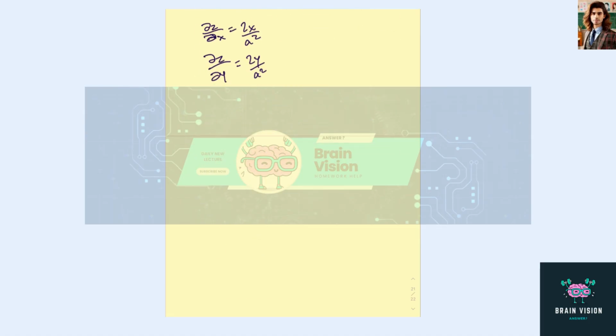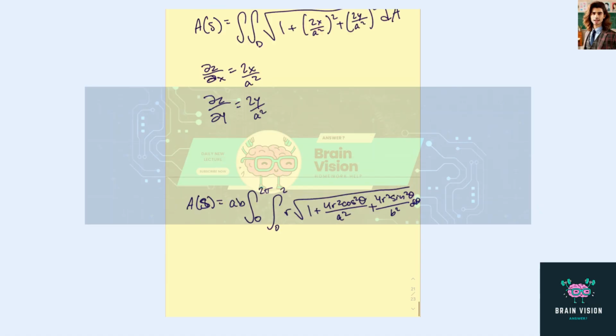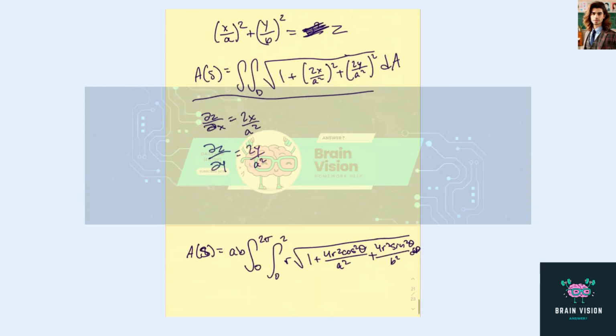If we wanted to convert it to polar though, what we'd end up getting is the integral from 0 to 2 pi, 0 to 2, of r times the square root of 1 plus 4r squared cosine squared theta over a squared plus 4r squared sine squared theta over b squared, dr d theta. But this is sufficient as well. This is just what it takes to convert it to this.